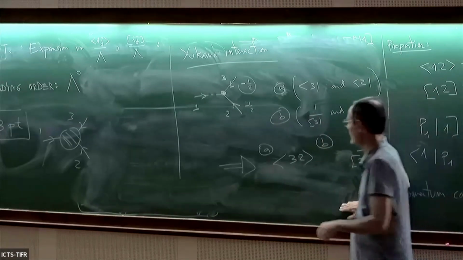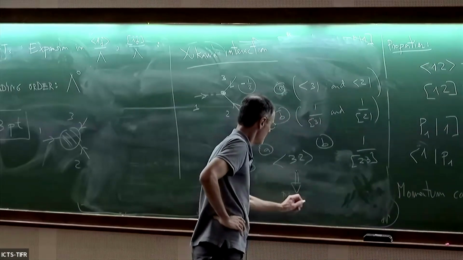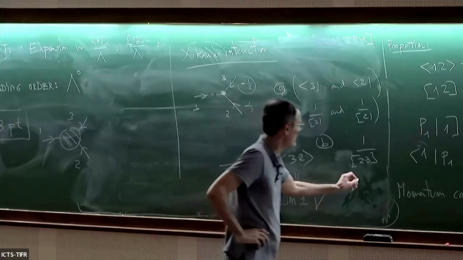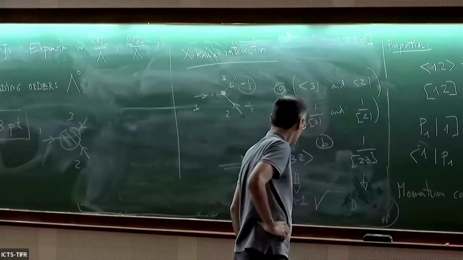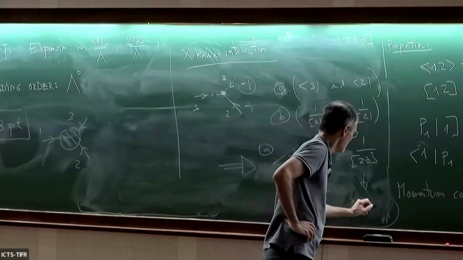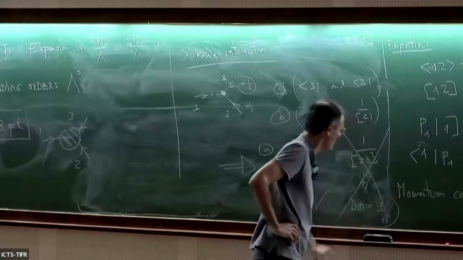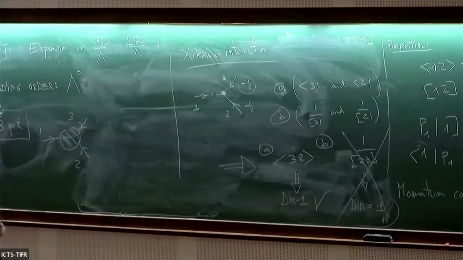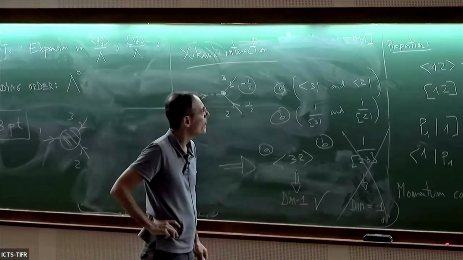Now my point is this has dimension 1, which is fine, but this has dimension -1, so this cannot be. My 3-point function has to have dimension of energy, dimension of energy 1.